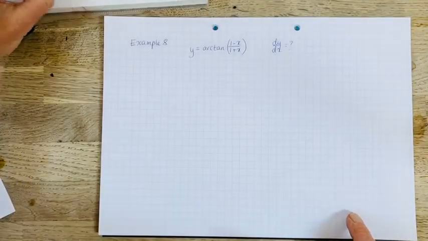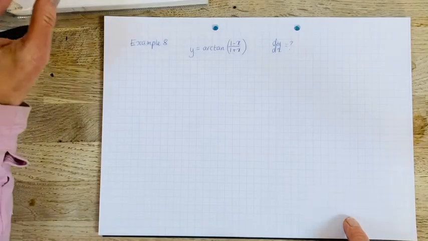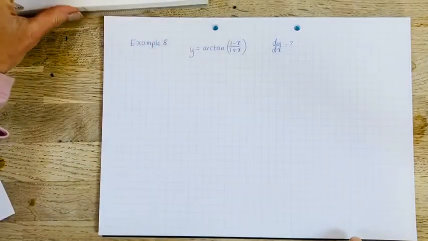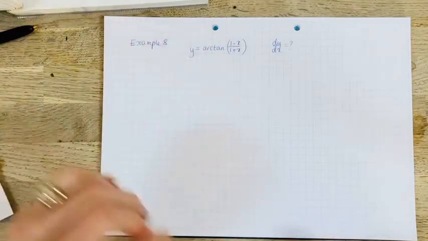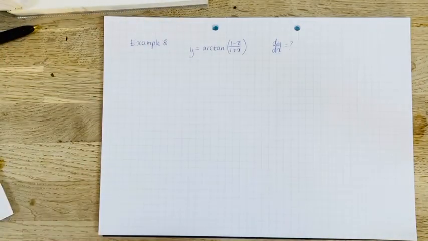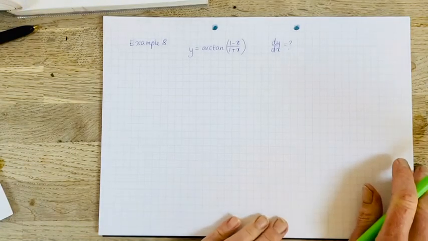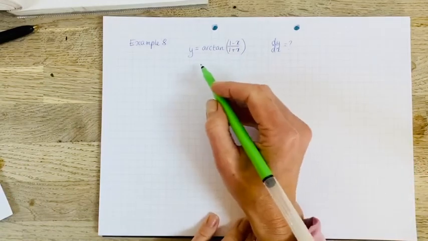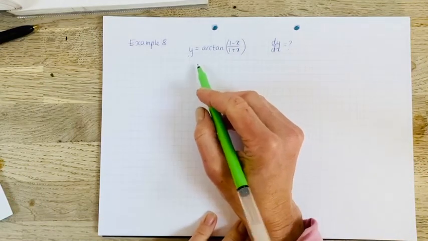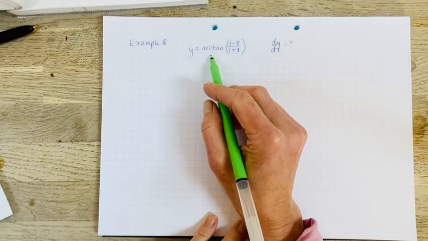So let's move on to example 8. We've got to now find dy/dx. I don't think we've been told which method to use, so we are going to use just one method, whichever one I pick, I guess. Okay, so you could use the formula.